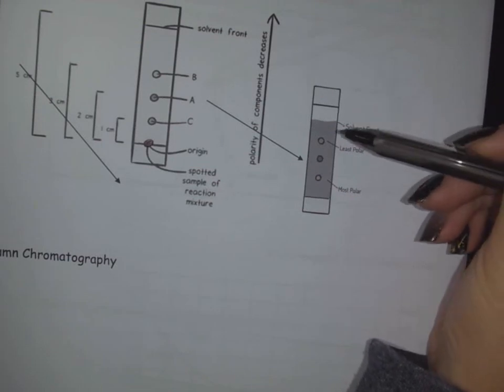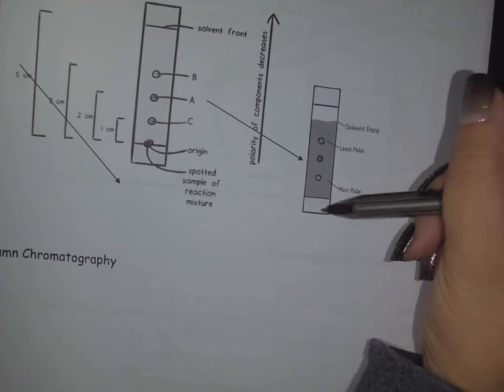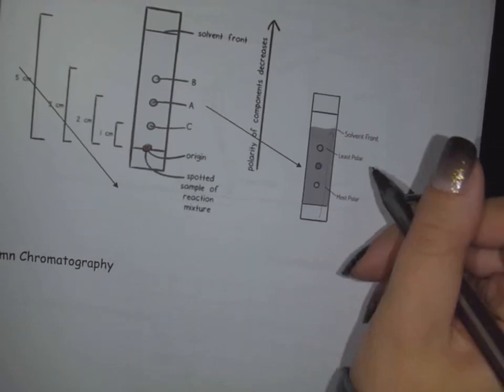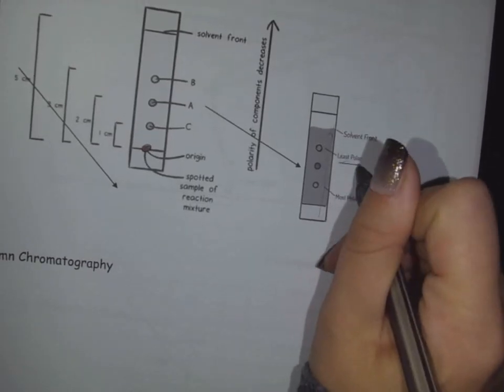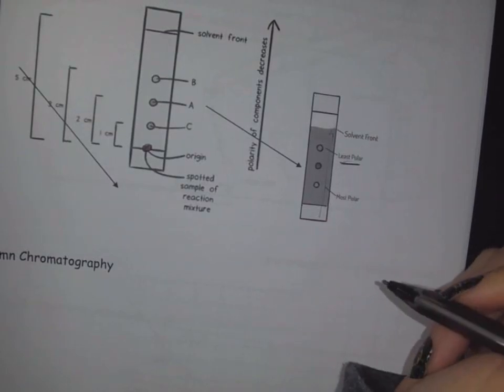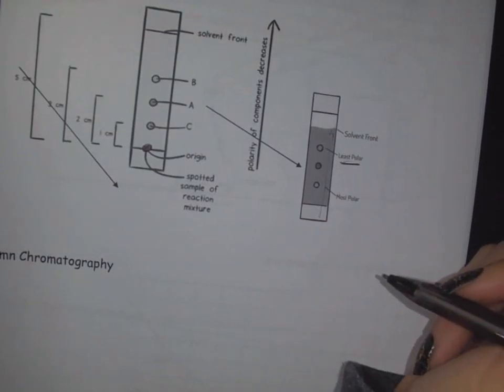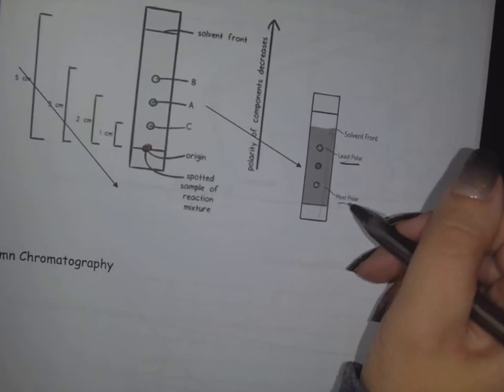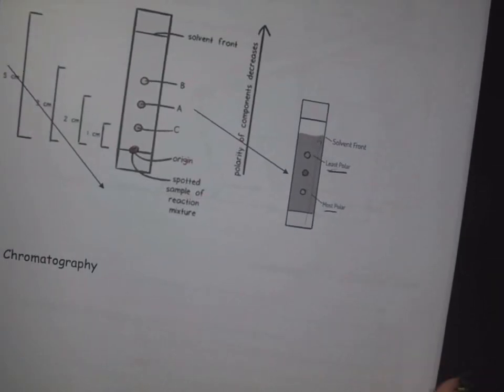Likes dissolve likes. Likes hold on to likes. So if the liquid that was traveling was nonpolar, then whatever traveled the most is similar to that. It's nonpolar or the least polar. And the one that traveled the least is the most polar. Okay?